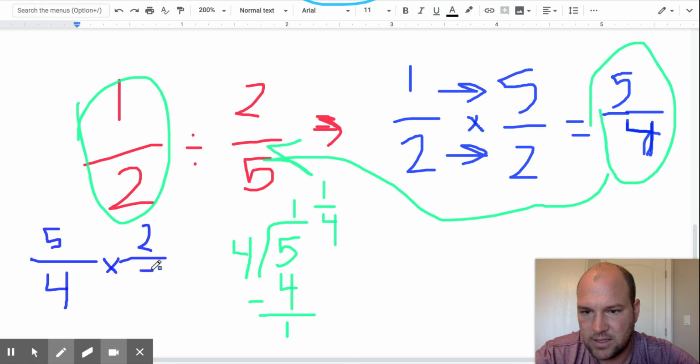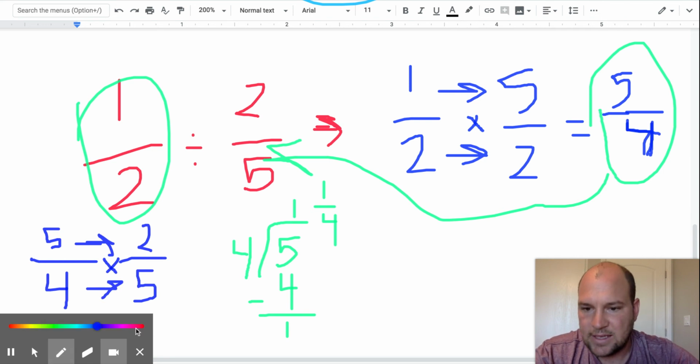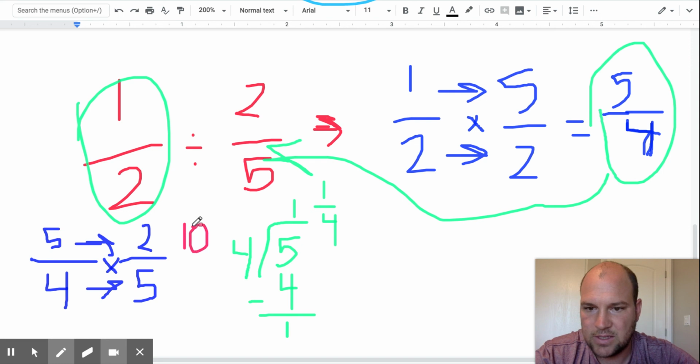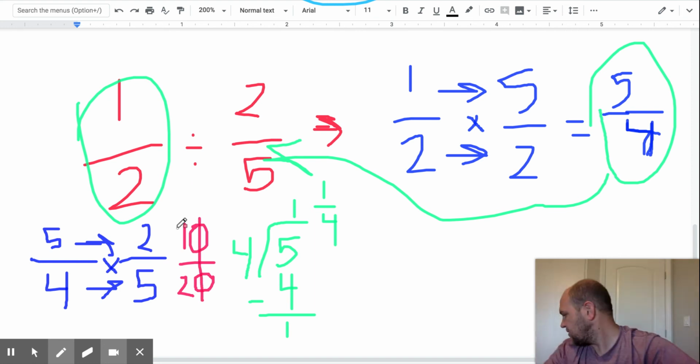I can already see it's going to give me 10/20ths if I multiply across. If I reduce 10/20ths, what does that give me? 10 is half of 20. I can divide them both by 10. It'll give me 1 over 2. It gives me 1/2.